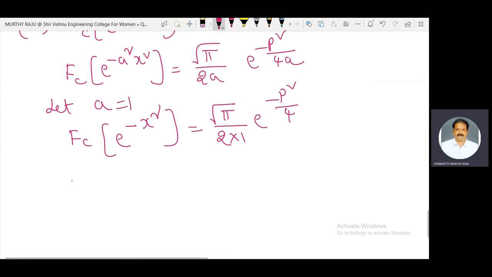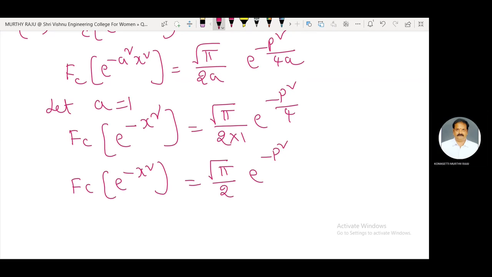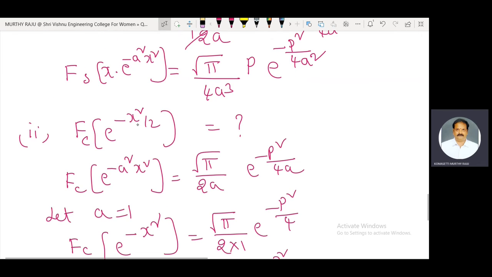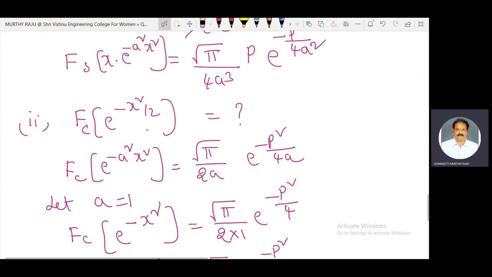This is the Fourier cosine transform of e power minus x square. But we need to find, in the second bit, Fc of e power minus x square by 2.